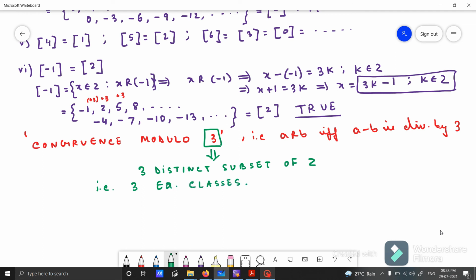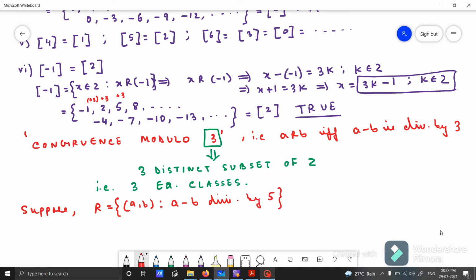So if you redefine the equivalence relation R, say congruence modulo 5. Suppose you define R like this, that R is a set of all those ordered pairs (a, b) such that a minus b is divisible by 5 instead of 3.